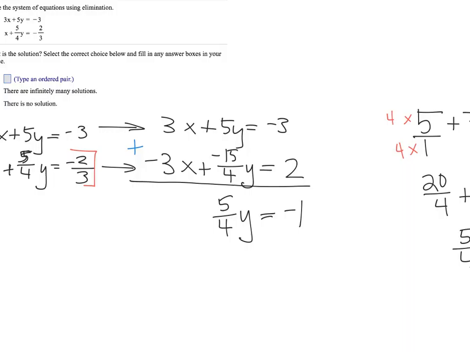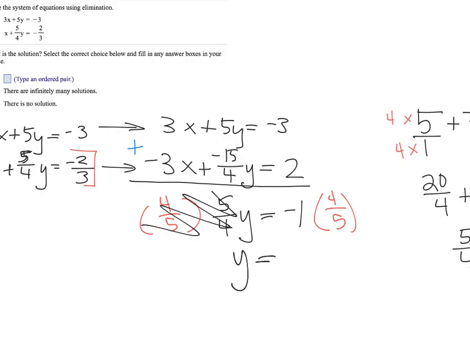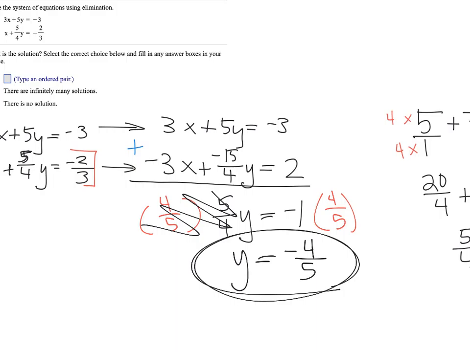So now I want to get the y all by itself, so I'm going to multiply both sides by 4/5, and all this cancels out, leaving us with just y, and the right side ends up being negative 4/5. There's our fraction. See, Desmos doesn't do fractions real well like that.